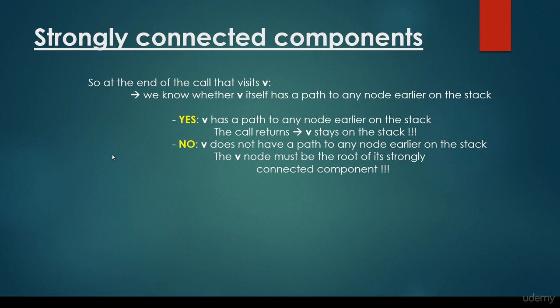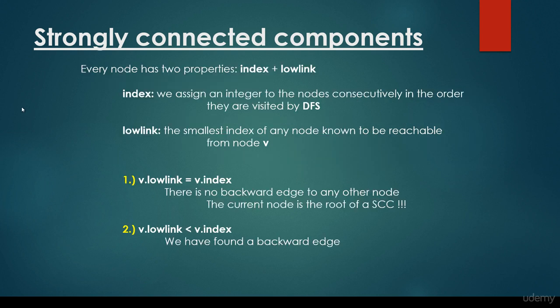By the way, Tarjan algorithm is very hard to grasp as far as the theory is concerned. We are going to implement it together with lots of debug comments to the console, and I think it's going to be clear. Okay, so it's very important that for Tarjan algorithm we have two parameters, the index and the low link.